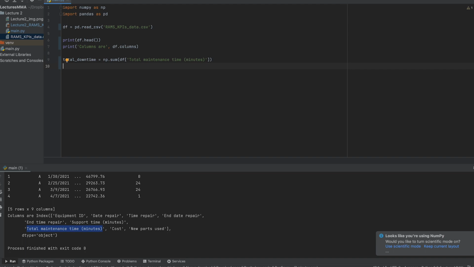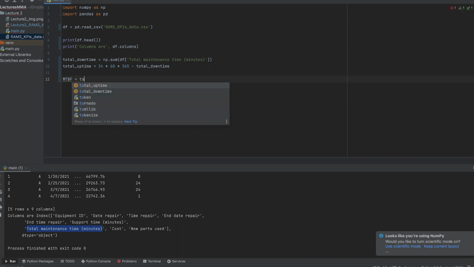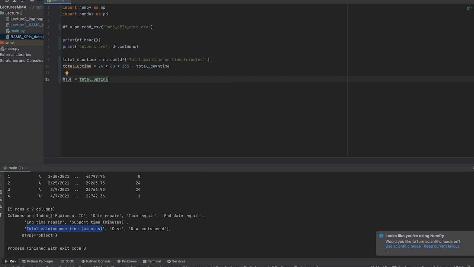And then, because it's in minutes, we can calculate the total uptime as 24 times 365, because we know that's the total time, because the data was taken during 1 year of 365 days, and then we take out the total downtime, and to calculate the mean time between failures, we do total uptime divided by the number of failures, which equals the length of our data frame, so the number of rows.